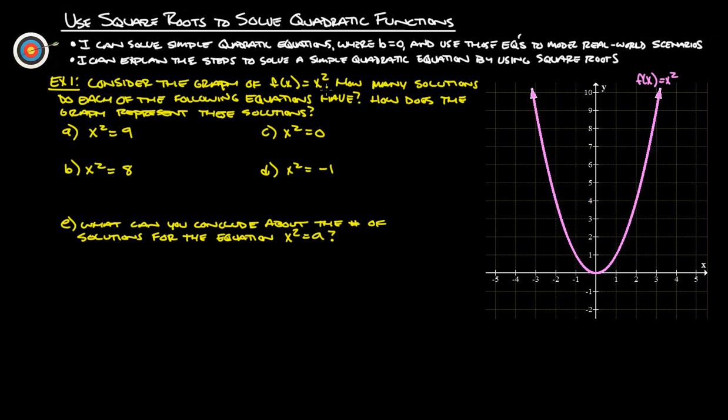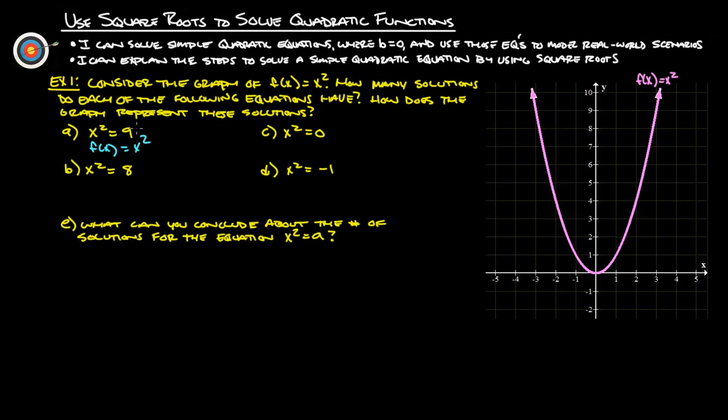Consider the graph of f of x equals x squared, which is here. How many solutions do each of the following equations have? How does the graph represent these solutions? So we want to know when x squared equals 9. So we want to know when 9 equals x squared.